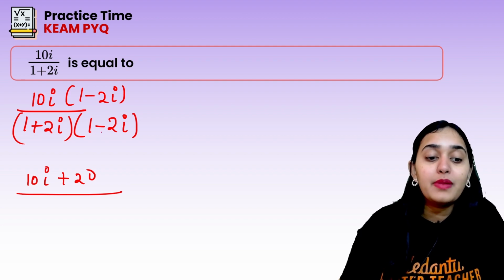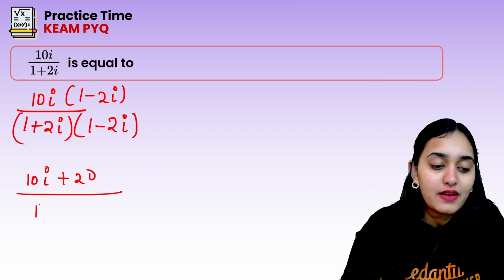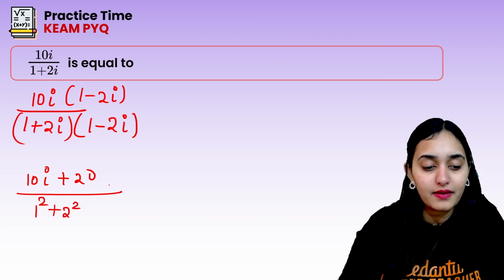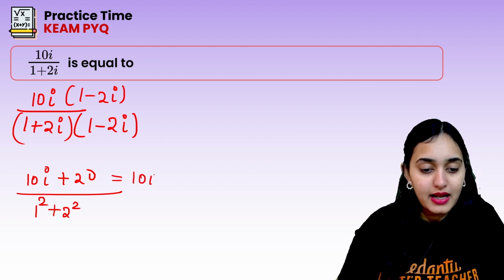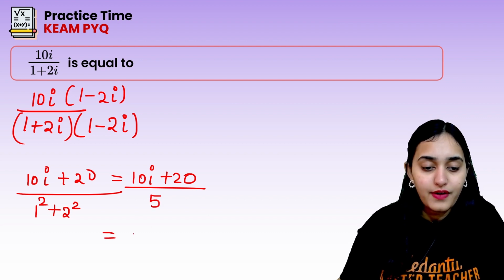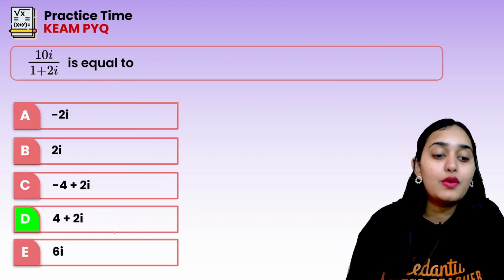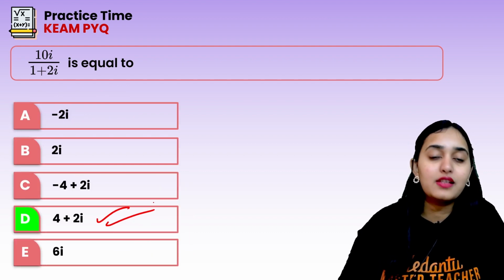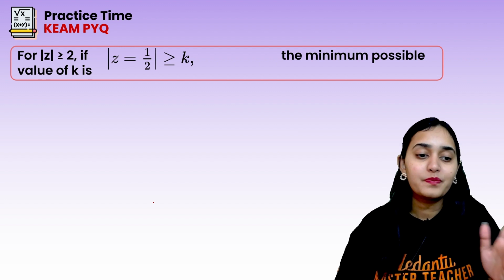Upon 1 plus 2I into 1 minus 2I will be 1 square plus 2 square. So this will be 10I plus 20 upon 5. 5 2s are 10, 5 4s are 20. This is your answer. 2I plus 4. Okay, simple.